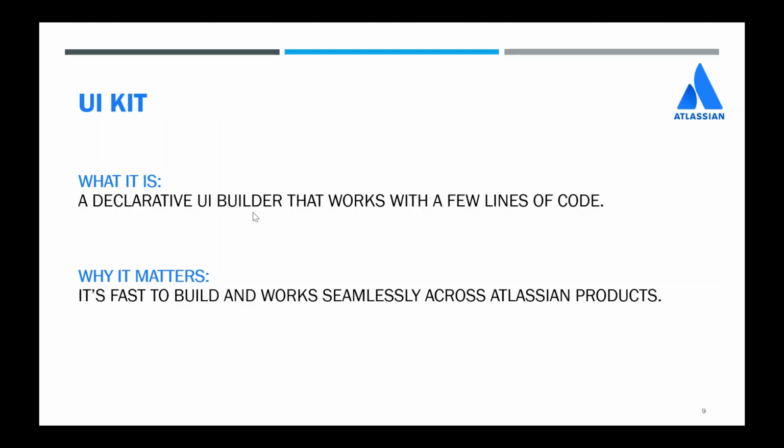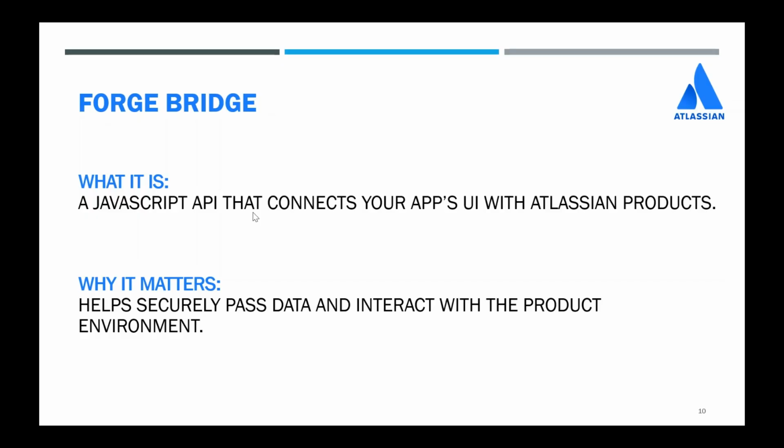UI kit, what is it? A declarative UI builder that works with a few lines of code. Why it matters? It's fast to build and works seamlessly across Atlassian products. Forge Bridge, what is it? A JavaScript API that connects your app's UI with Atlassian products. Why it matters?